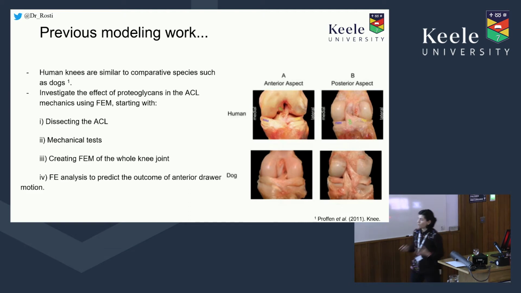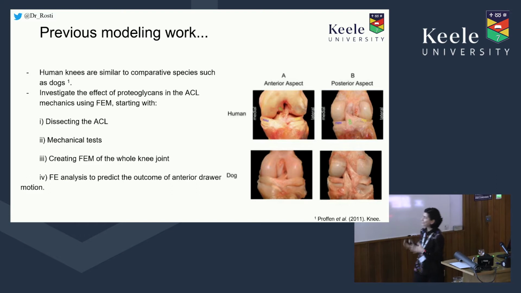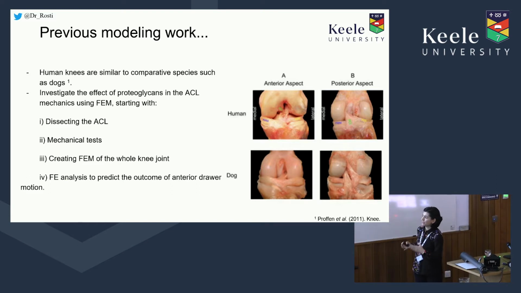So what I have done, apologies, look away if you're very squeamish. Basically, in my PhD, I looked at the knee joint, but because it's very difficult to get a sample from a human cadaver, I used dog as a sample. The reason is that dog is thought to be very comparable to human.